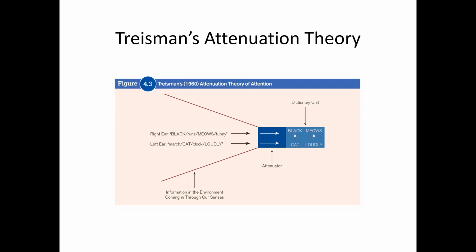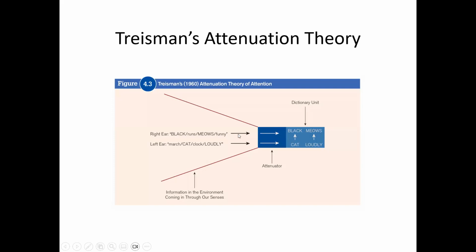Everything is partially processed, but some may be at a lower volume. So only the attended material is elaborated on and remembered. For example, it might be black cat meows loudly, right? Because that actually makes sense, that information in the environment coming in through our senses.